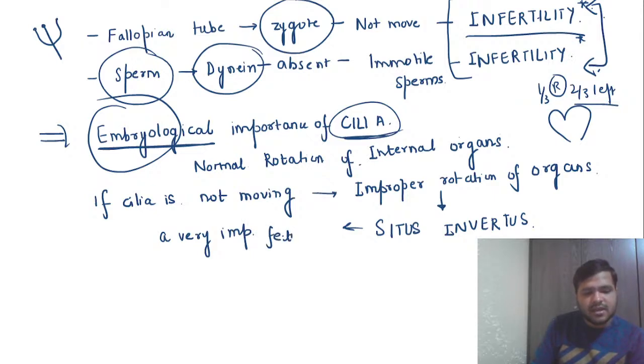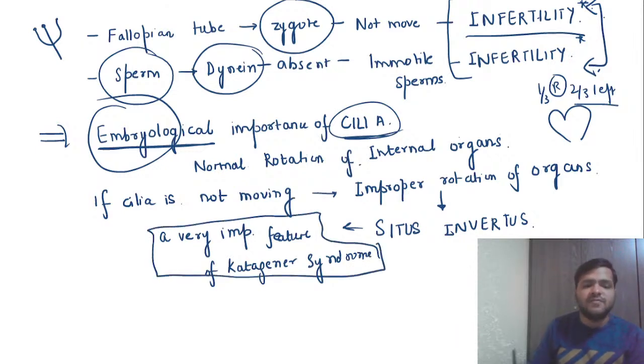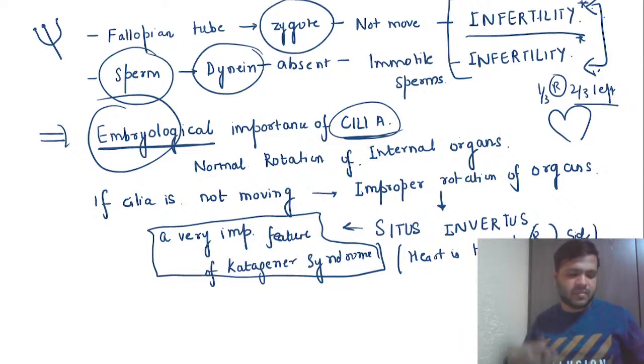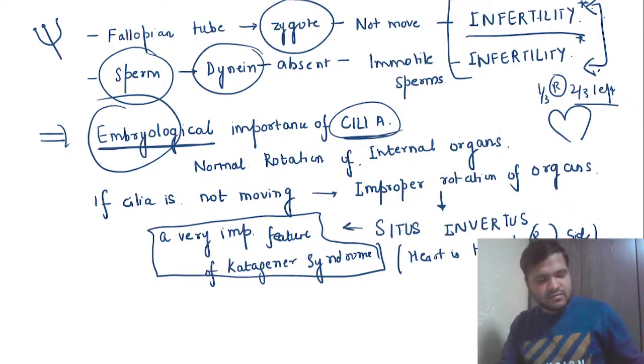It is a very important feature of Kartagener syndrome. Basically, situs inversus clearly means that the heart is towards the right side. A very important feature of Kartagener syndrome.